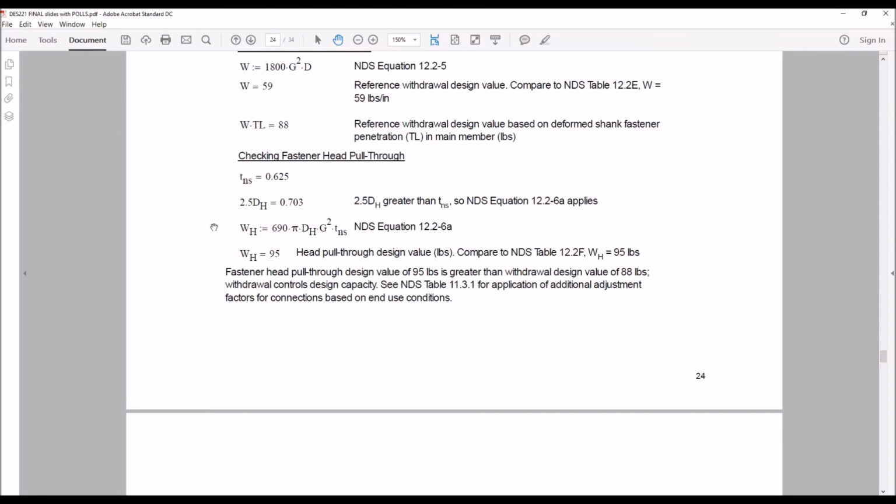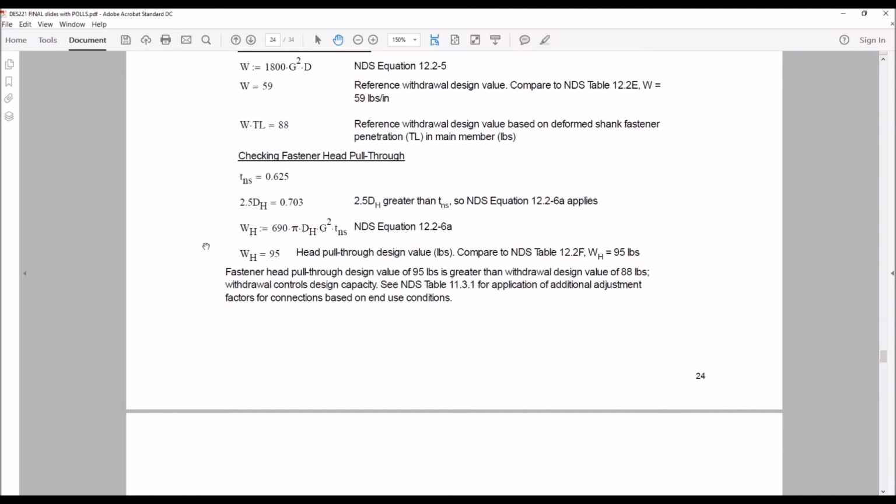This head pull-through equation you see here, it's dependent upon the specific gravity of the member, the net side member thickness, and the head diameter. We multiply that head diameter times pi, so that's actually converting the value to the perimeter of the head.